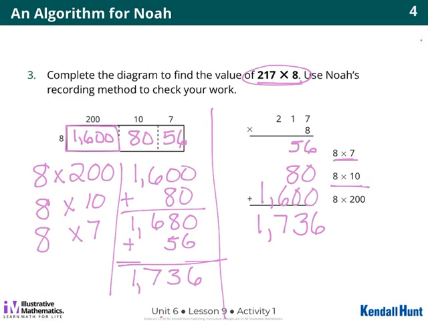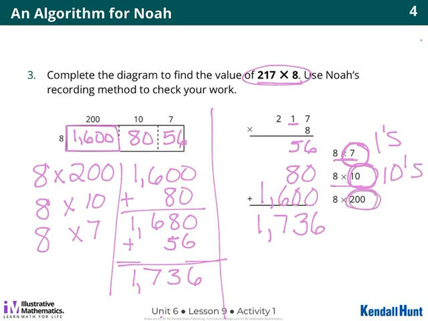So if we've gone through and we've done our ones place, you would do 1,600. No. We're looking at how do we know we're done. So guys, eyes up here. If we've gone through and done each place value. So 8 times 7, that was our ones place, right? 8 times 10, that was our tens.